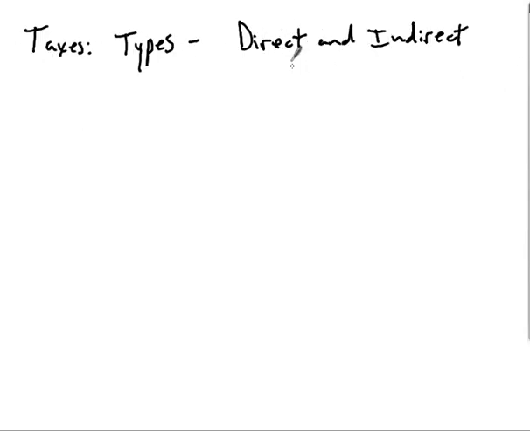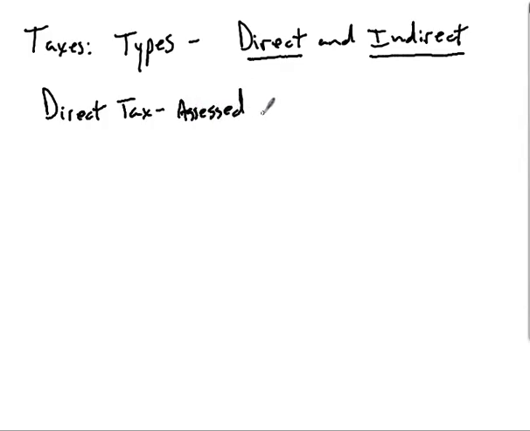Now, I want to get into the different types. We've got two different types of taxes. One is a direct tax, and the other is an indirect tax. So a direct tax is assessed, let's see, best way to put this.